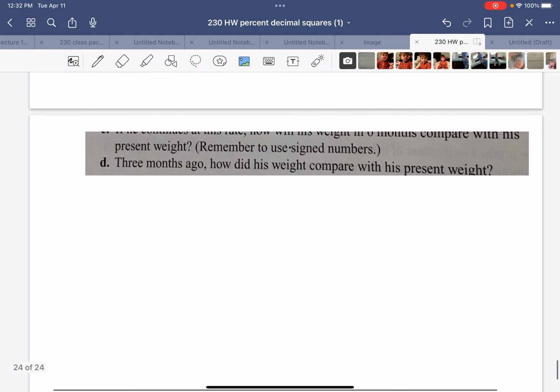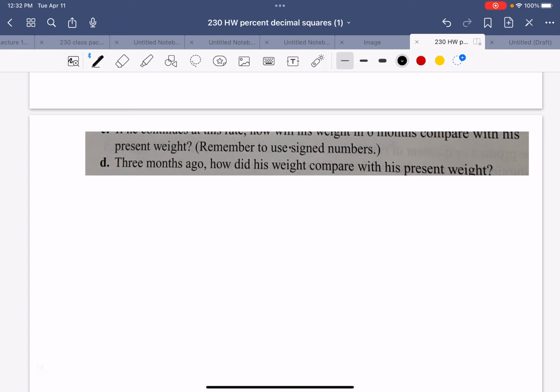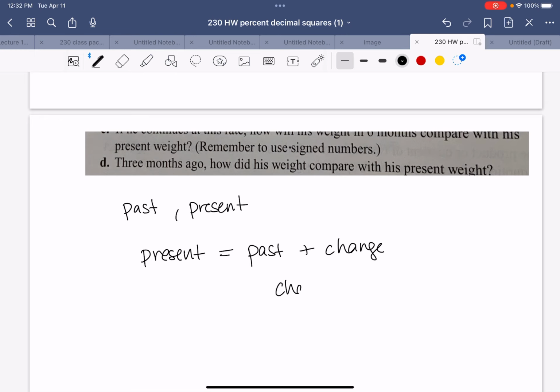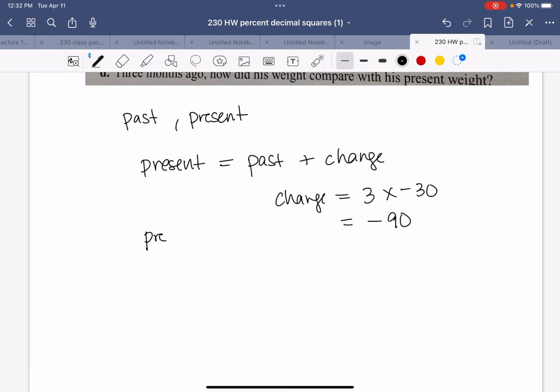Okay. So now we have 3 months ago. How did his weight compare with his present weight? So past and present. And his present weight is equal to his past weight plus the change. Okay. And we know that the change is going to be 3 months this time times the negative 30 pounds. So we get change is negative 90. And so we have that the present equals the past plus negative 90.